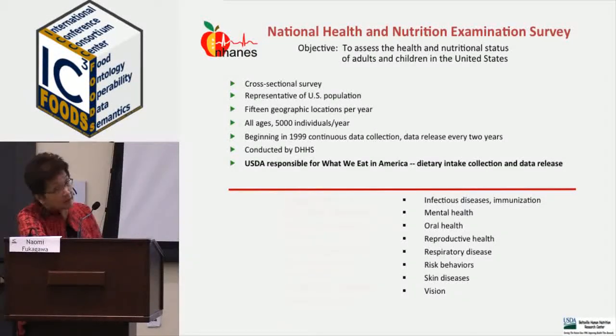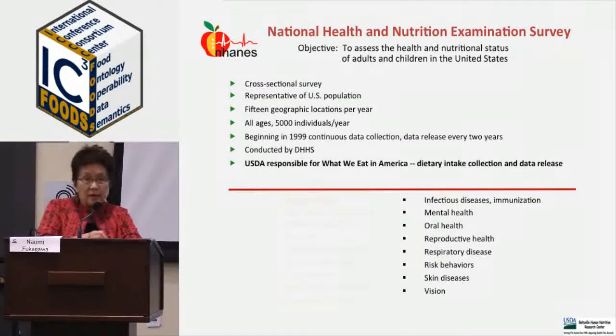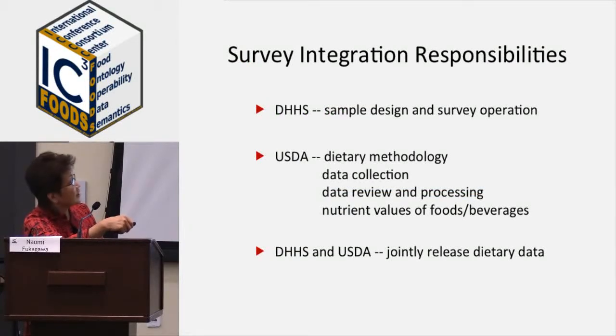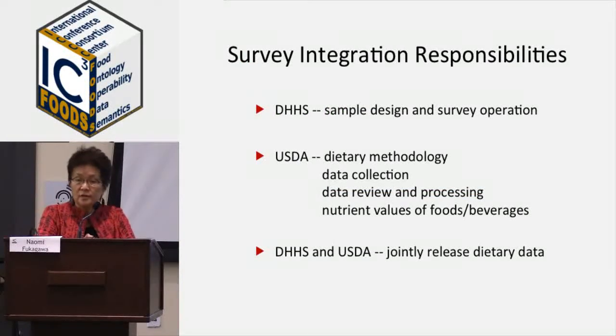On this next slide, I've just briefly highlighted what NHANES is about. I'm sure many of you have heard about it, but the USDA is responsible primarily for the What We Eat in America side, which is a dietary intake collection and data release of the foods that people eat as part of the NHANES survey that is done every 2 years.